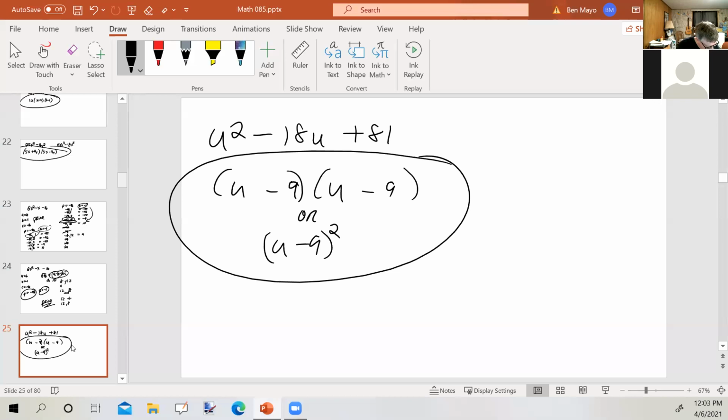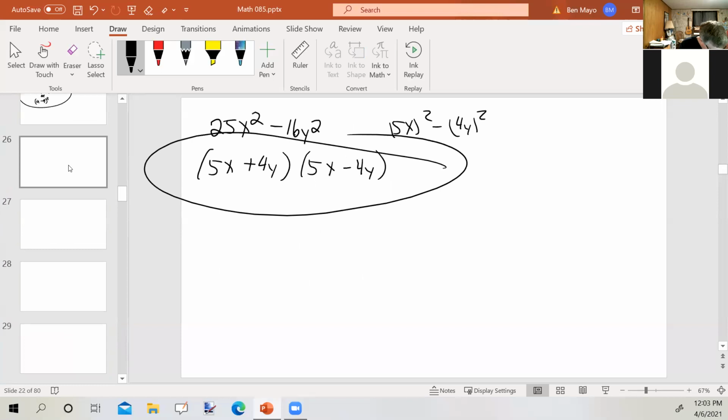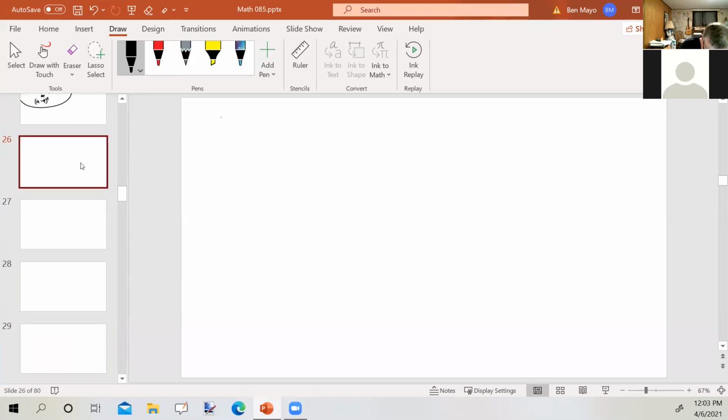Let's see here. Oh, how about this one? 16d squared minus 56dz plus 49z squared. This is a trinomial. It's in standard form in terms of d. We have d squared, d to the first power, no d at all. There's no greatest common factor.